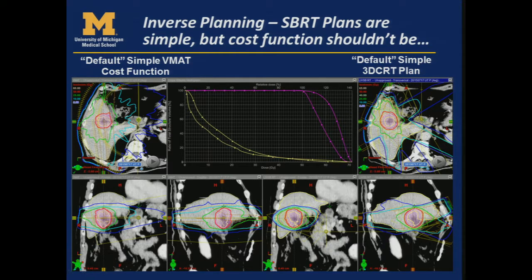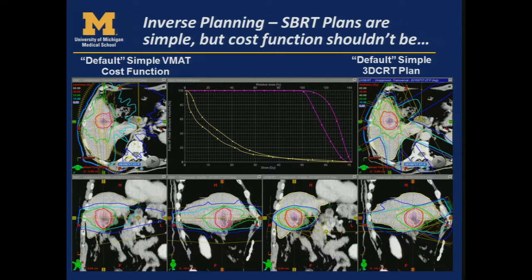We've used a 0 block margin, as Winston talked about in his talk, and put say 11 to 13 beams all around the patient. And then we did the same thing over here. We have a partial arc VMAT plan, used a very simple setup. So just put dose limits on the target and then also used a normal tissue objective to minimize dose to the normal tissues with a very simple cost function.